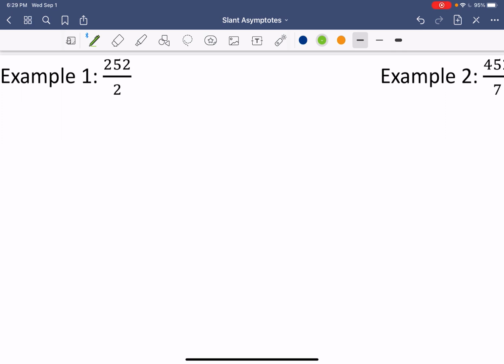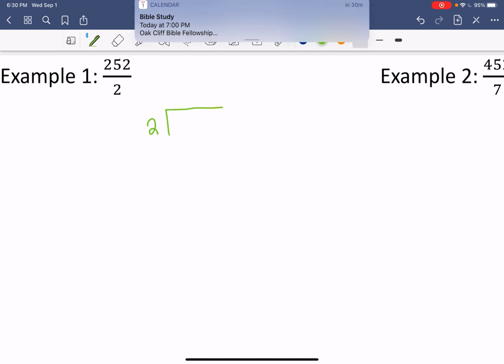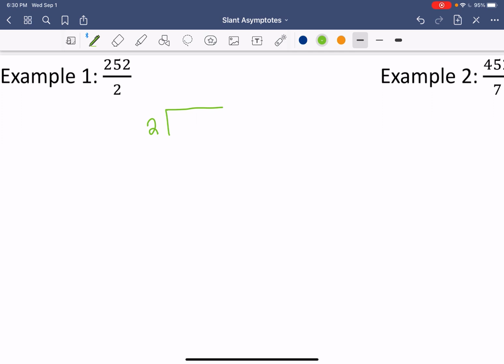Okay, so remember the denominator goes outside of the long division symbol, and then the division symbol looks kind of like this. And then you'll put the numerator inside. And so essentially you start at the most left side, so it would be this number, and you'll try to figure out what number times this number will give you a 2, right?